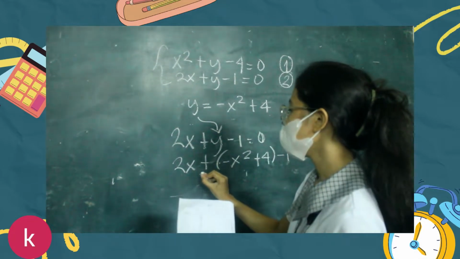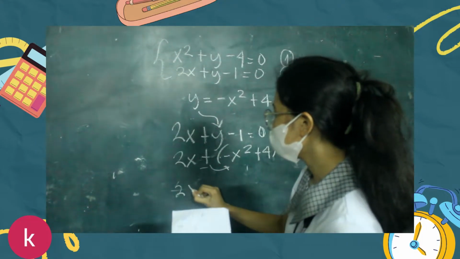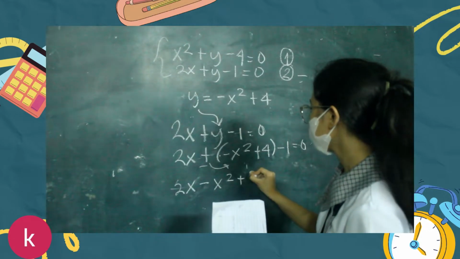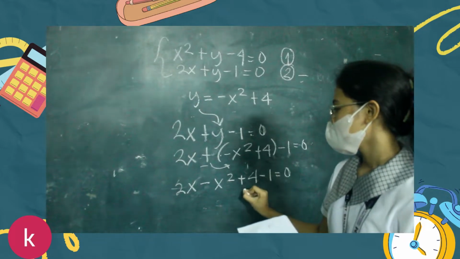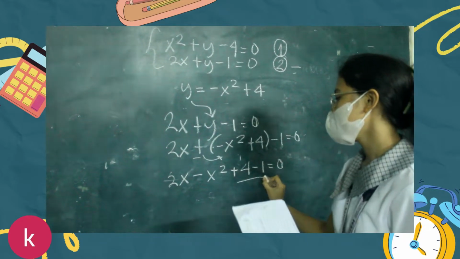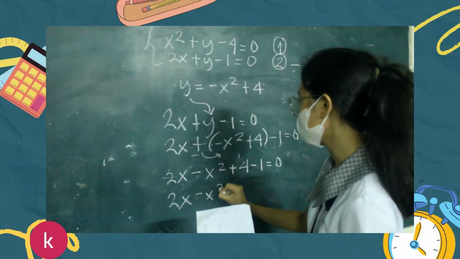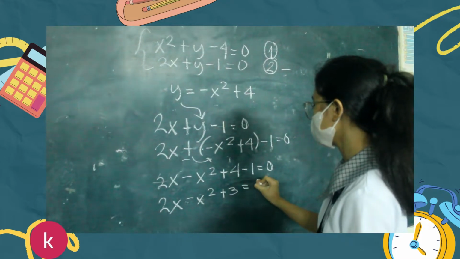Then we distribute to the parentheses. So 2x minus x squared plus 4 minus 1 is equal to 0. And we all know that 4 minus 1 is equal to 3. So it will become 2x minus x squared plus 3 is equal to 0.